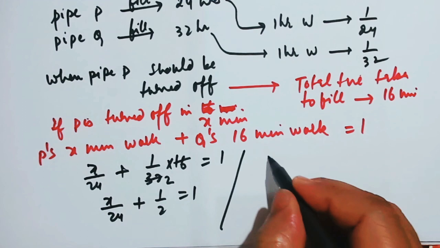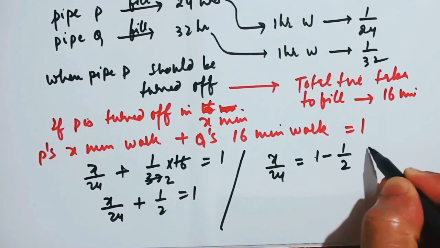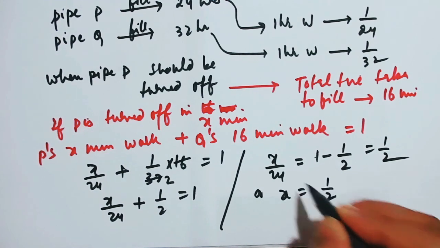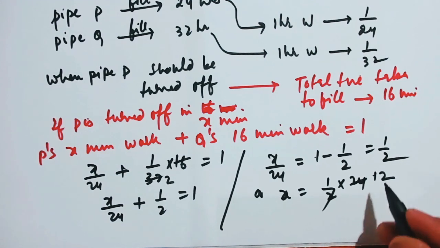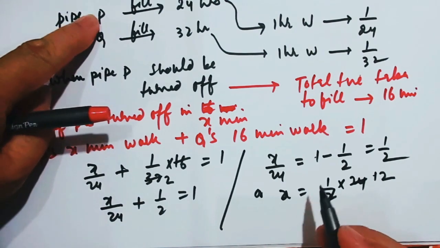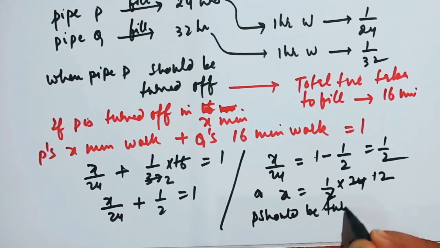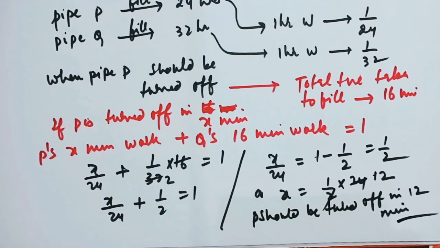So x by 24 will be equal to 1 minus 1 by 2, which gives 1 by 2, or x will be equal to 1 by 2 multiplied by 24, that is 12. Or you can say that pipe P should be turned off after 12 minutes, so that both the pipes can fill the tank in only 16 minutes.